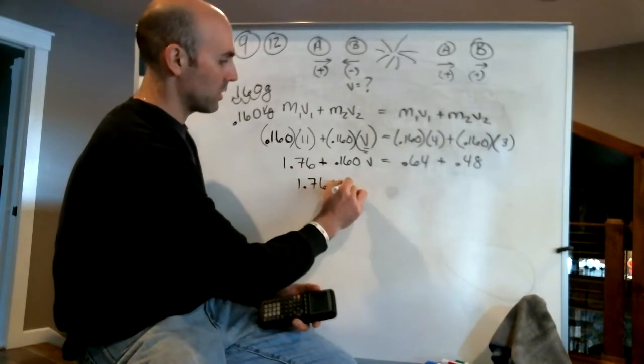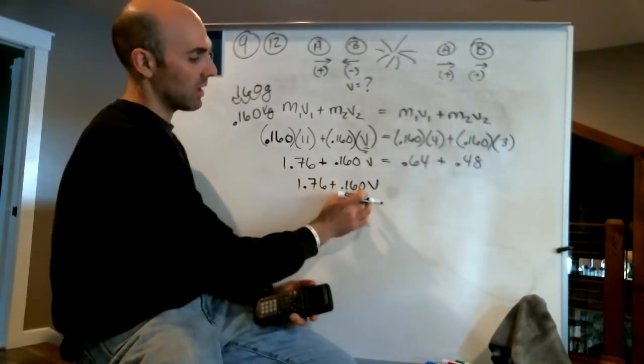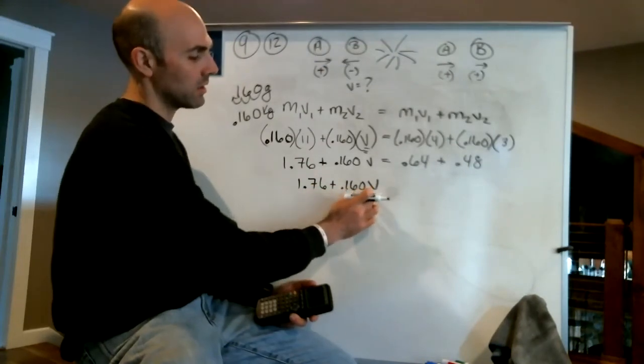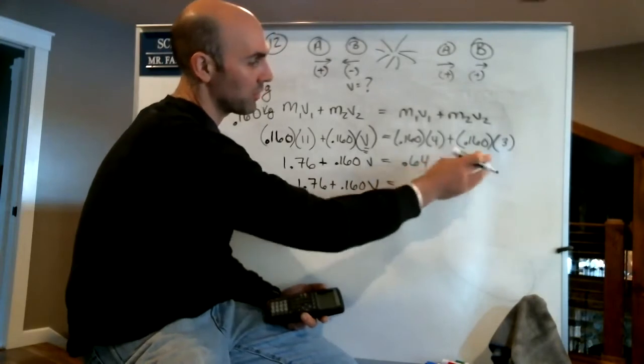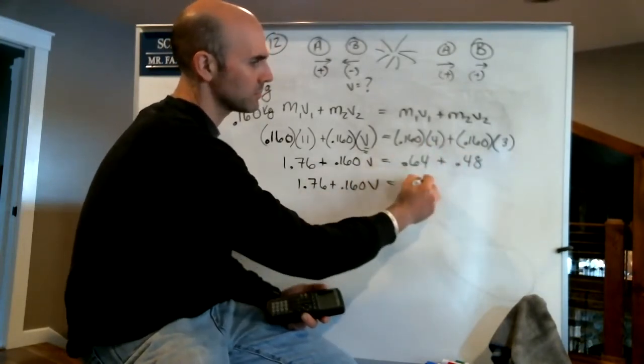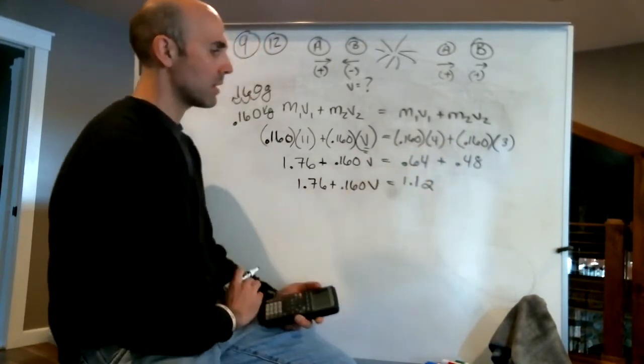1.76 plus 0.160 v. We cannot combine these because this is a number, this is a term with a v. We cannot combine them. Equals, but we can combine these because there's no v, right? That comes to 1.1.